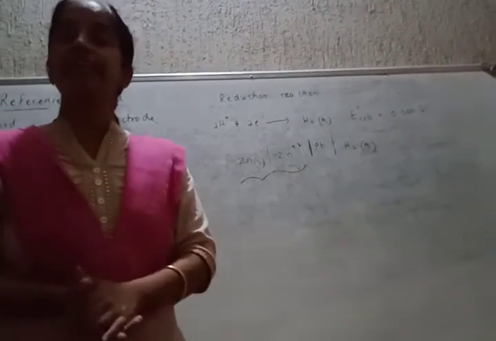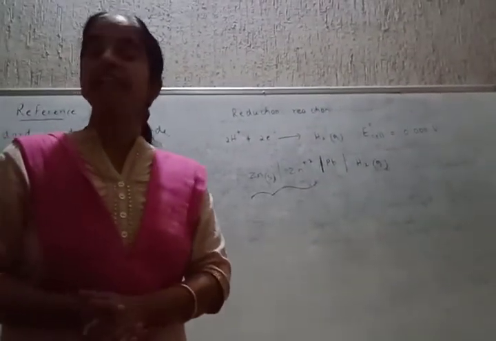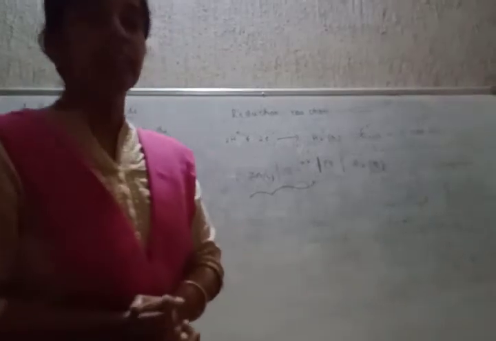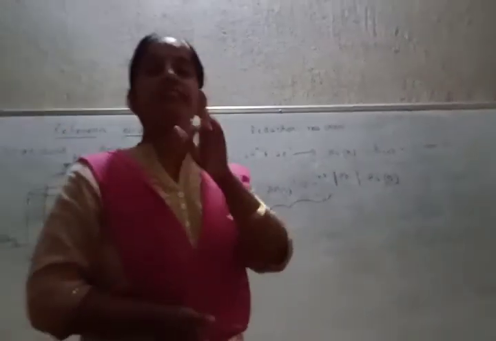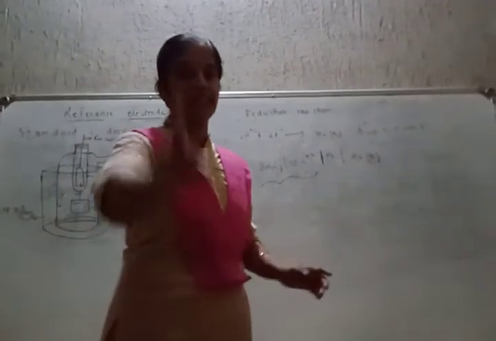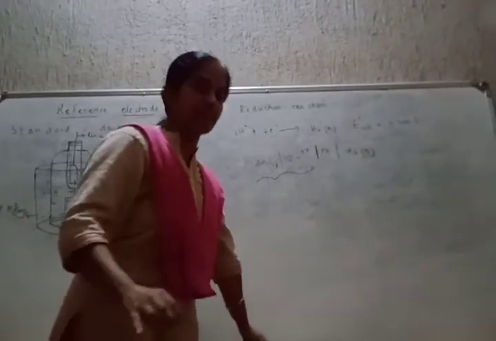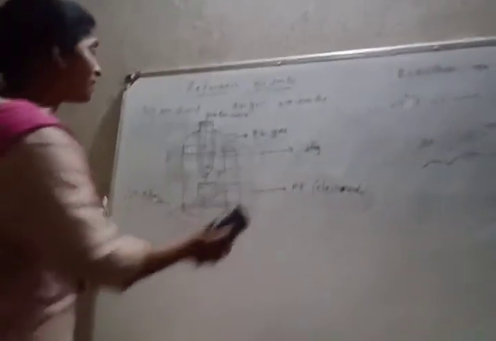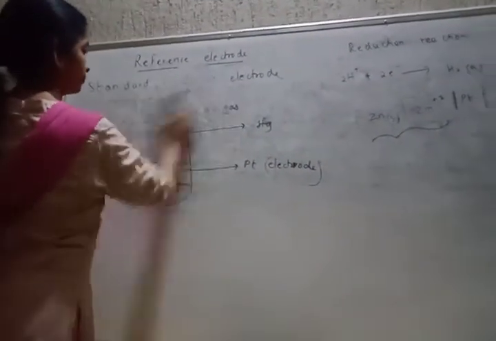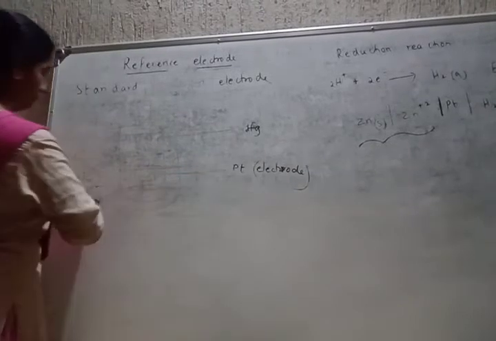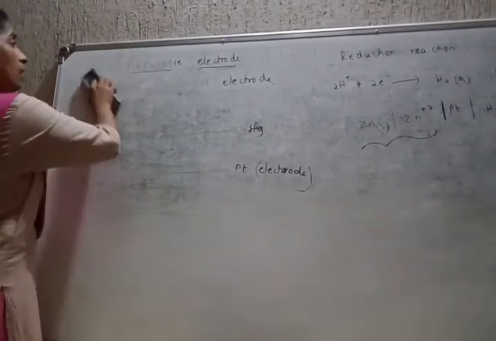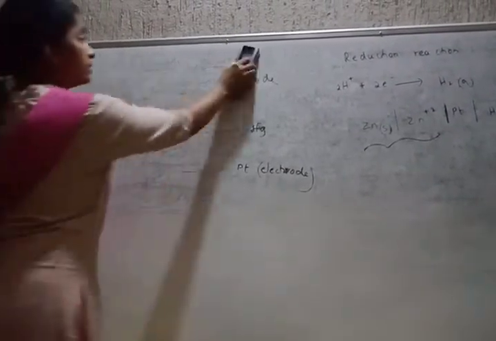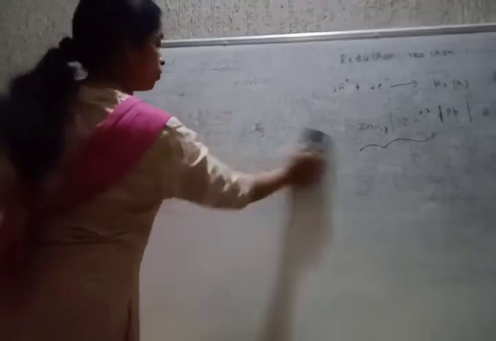And one such secondary voltaic cell is the dry cell or the Leclanché cell. Okay. Now what is the dry cell or Leclanché cell? Just follow here. Very easy it is. Leclanché cell or dry cell. What is the dry cell? It is a secondary voltaic cell.